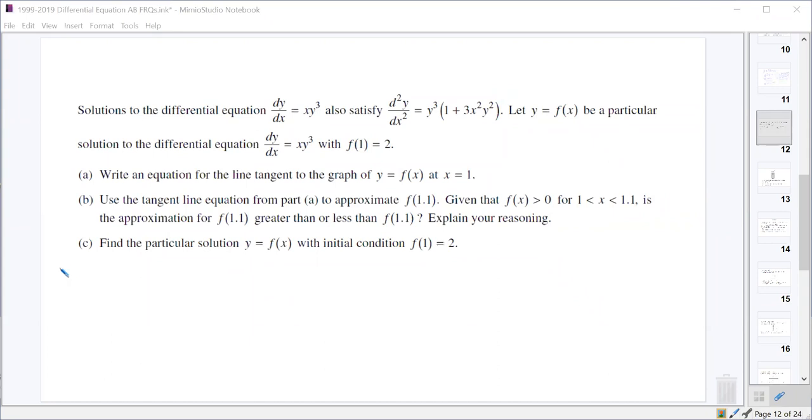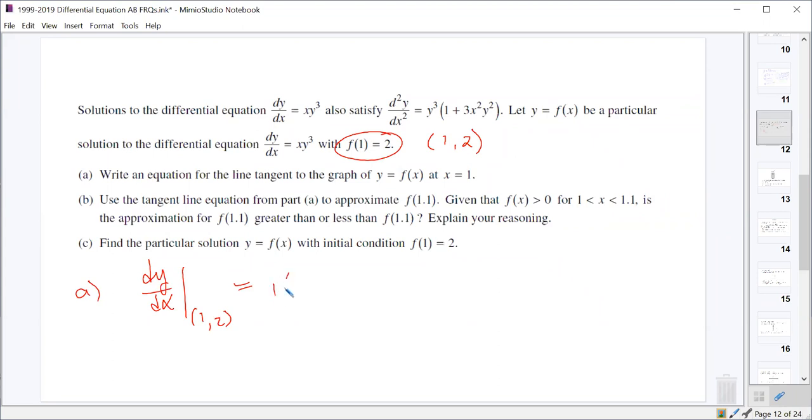All right, part A. Write ourselves a tangent line to f of x at x equals 1. So to write a tangent line, we need a slope and a point. There's our point. And our slope at 1, 2 should be 1 times 2 cubed, or 8.